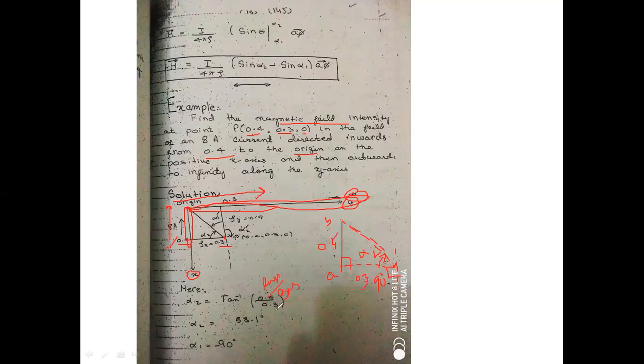So tangent inverse of 0.4 over 0.3, okay. Tangent is this, so tangent inverse will be this. So now alpha 2 will be equal to 53.1 degrees, and alpha 1 is along the anti-clockwise direction, so it will be minus 90 degrees along this.